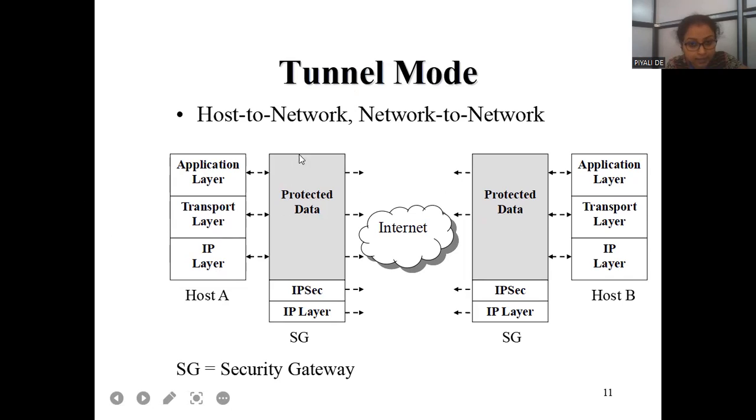So the entire thing is included in this protected data. Then after this IP layer, we add a new IPsec header, and an extra IP header will be added below the IPsec header. Like this, it is at the receiver end.